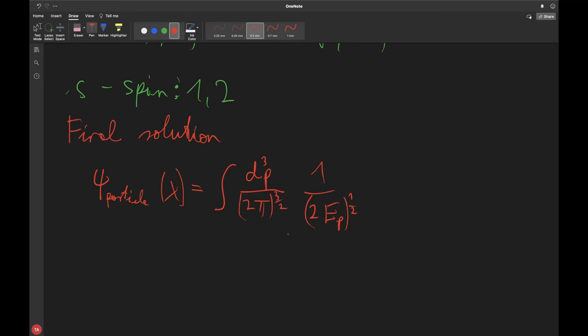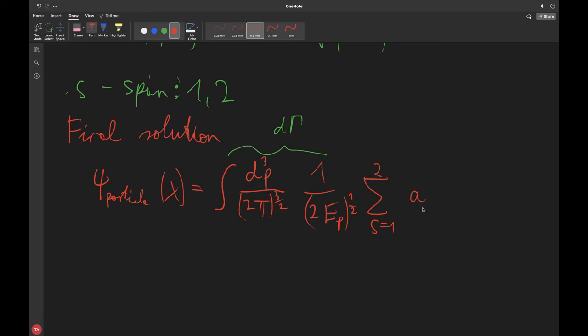So this is the normalization factor which we denoted earlier with the gamma, and we have a sum for the spin s, which goes from 1 to 2.